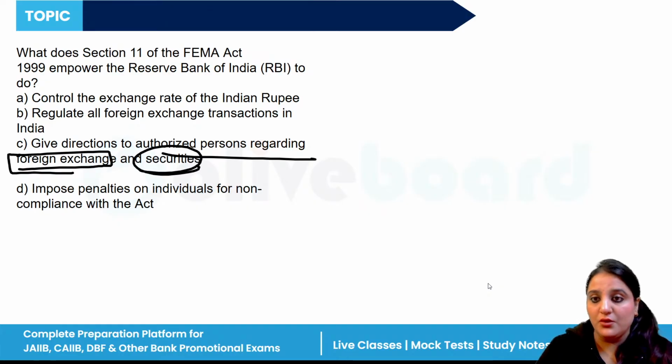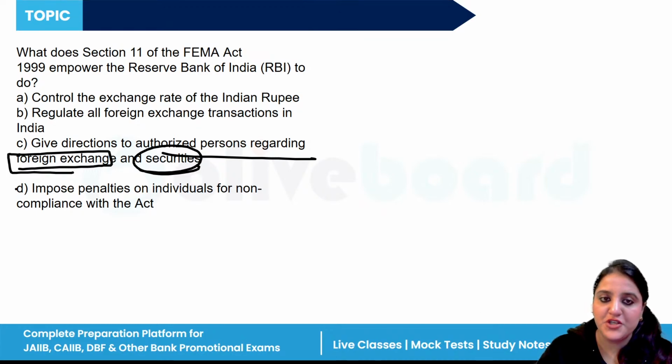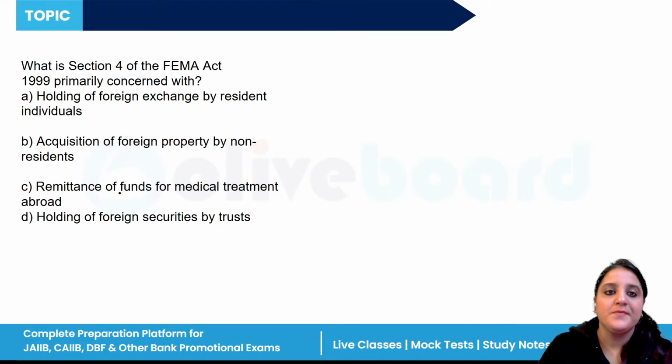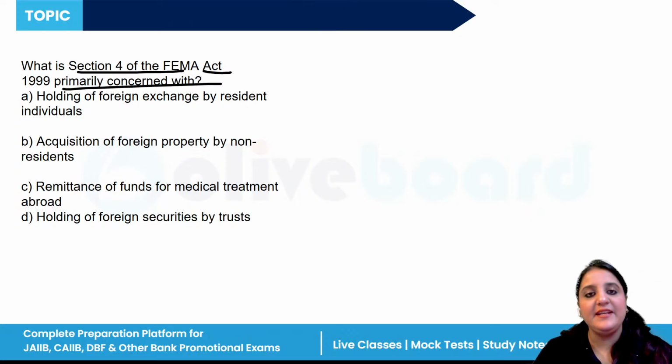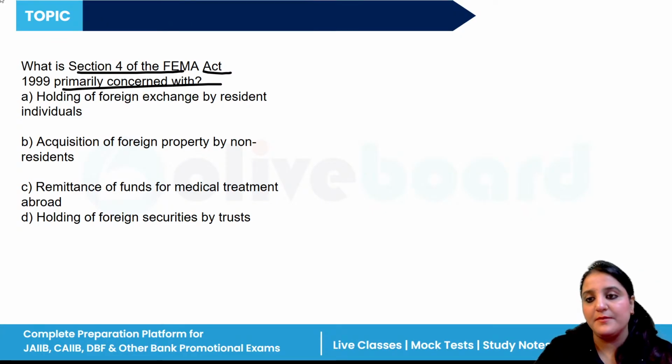This is also the main tool for the RBI to regulate foreign exchange operations in India. So the correct answer here is option C.